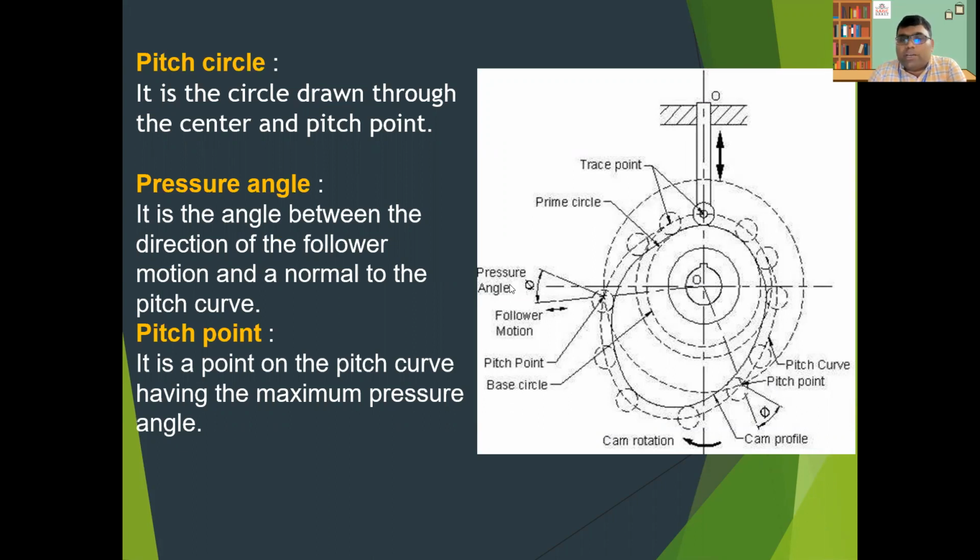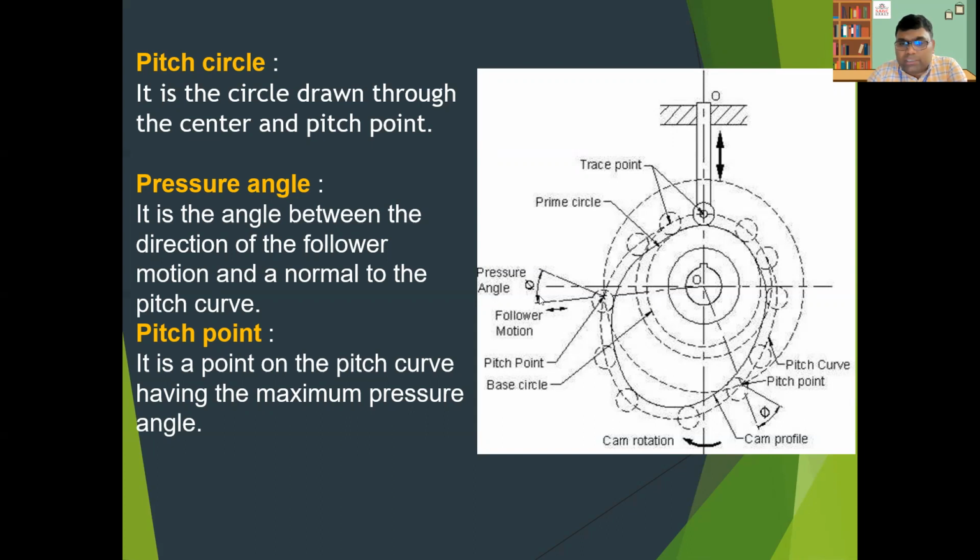Another important term is the pressure angle. You can see this is a pressure angle and this is a pressure angle. It is the angle between the direction of follower motion and the normal to the pitch curve. For any curve you can draw the tangent and normal; you may already have studied in your first year engineering graphics course how to draw the tangent and normal to a curve.